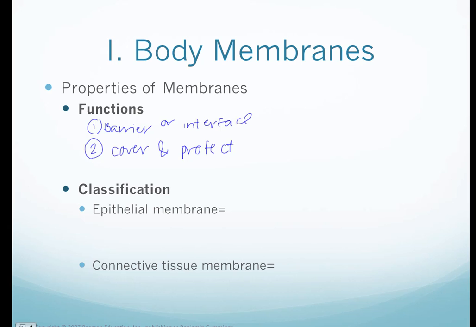And we can classify membranes in 2 types. We can classify them as epithelial membranes, and so we saw already epithelial tissues being either that simple squamous, we can have stratified squamous, or we can have cuboidal. So we have simple cuboidal, or we can have stratified cuboidal.